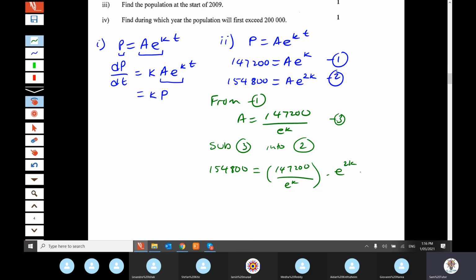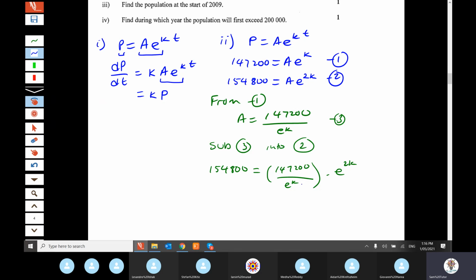Yes, no, maybe? What can you do when the bases are the same? What do you do to your indices if the bases are the same? You subtract the indices. So e^(2k) and e^k, what happens? Well, according to your index laws, when your bases are the same, you subtract your powers.